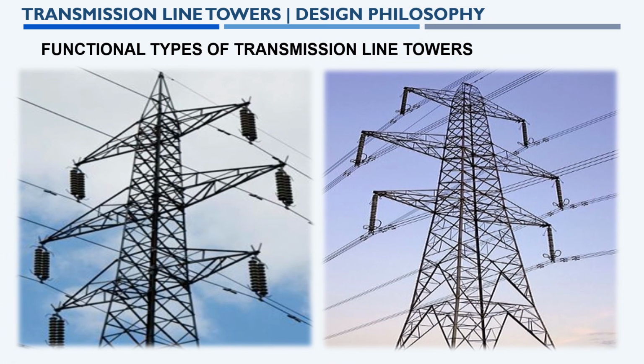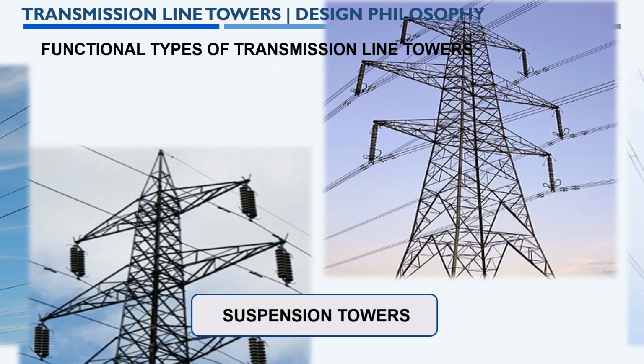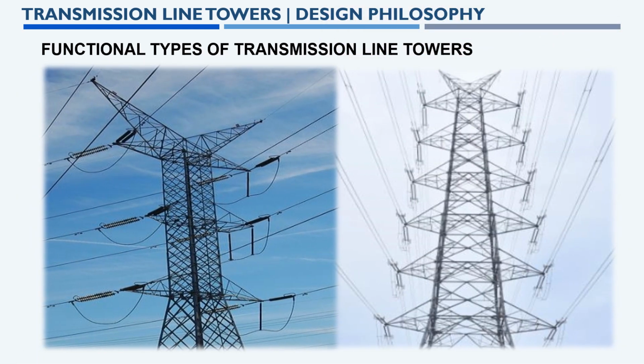So this is a photo view of a suspension transmission line tower. You can see both directional conductors are fixed to the bottom of the vertical insulator. So this is a tension transmission line tower.